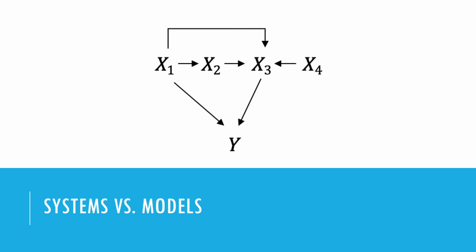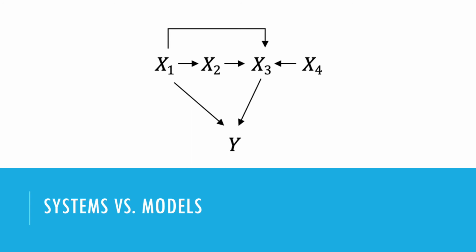When I'm contrasting systems and models, what I have in mind is something like this. Say you've got 4 predictor variables and an outcome variable y. It may be that your underlying structure, your true data generating process, looks something like this. This is just a DAG, a directed acyclic graph, where you've got a bit of complexity.